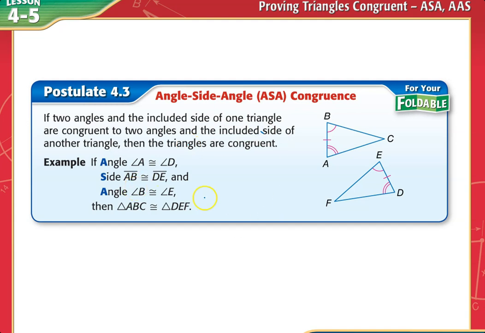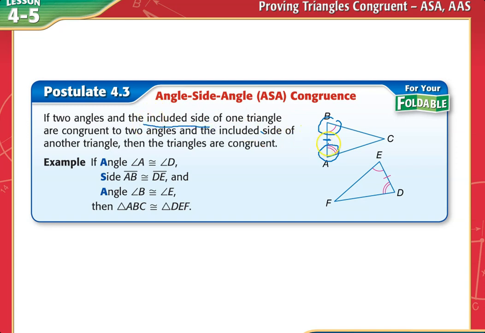So let's look here. We have angle B, we have angle A, and then we have the side which is in between, and that's the included side. So that's the new terminology.